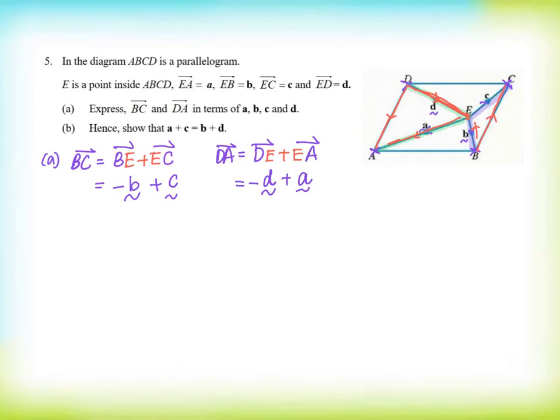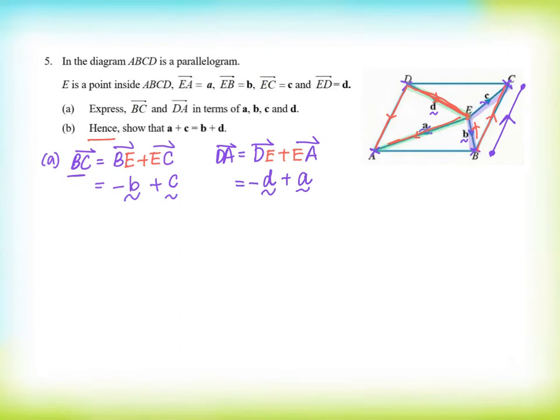Now, they ask us to use this answer. Hence, using this answer to show that A plus C is equals to B plus D. What do we have down here in our vectors? Our vectors have BC. Where is BC? Oh, BC is over here. It's going from B to C, going in the upwards direction.